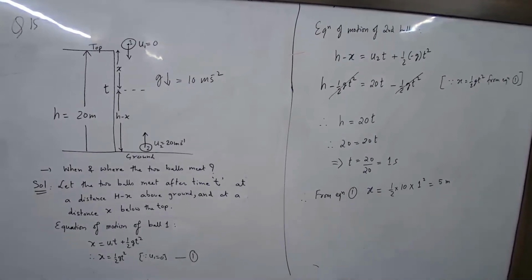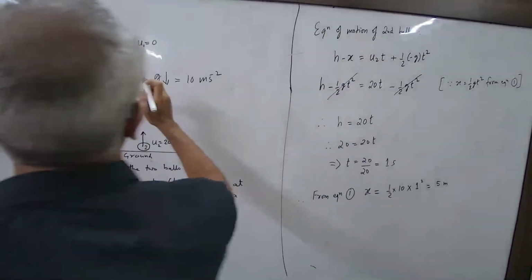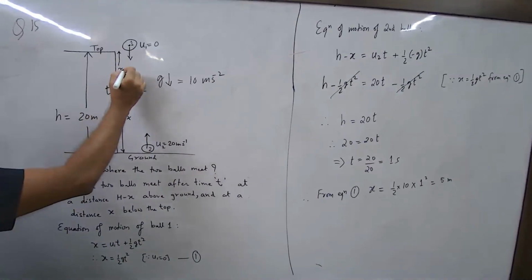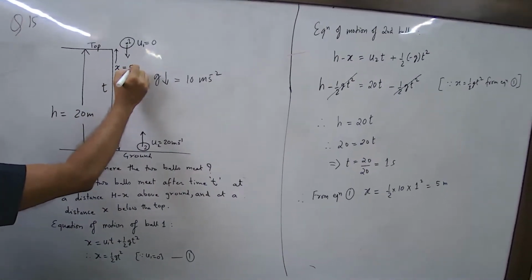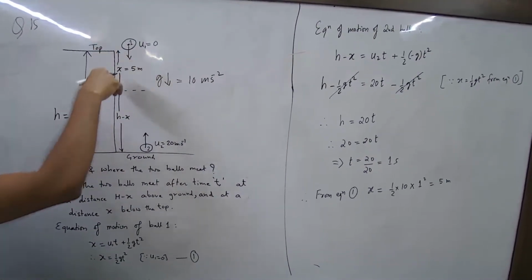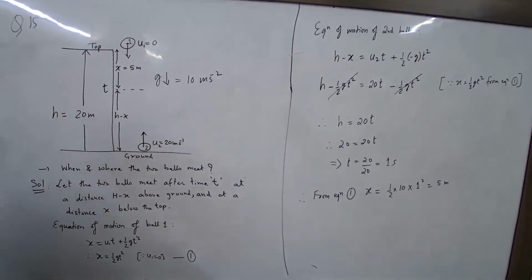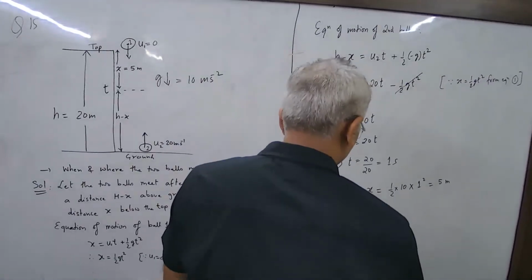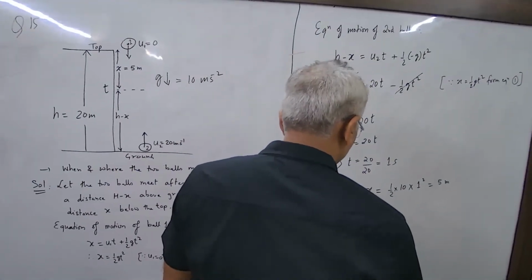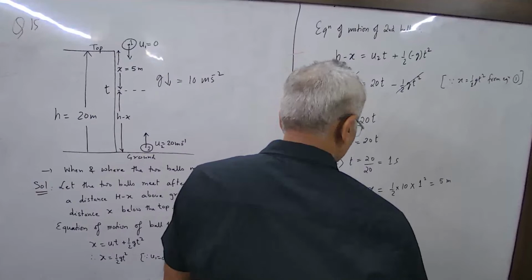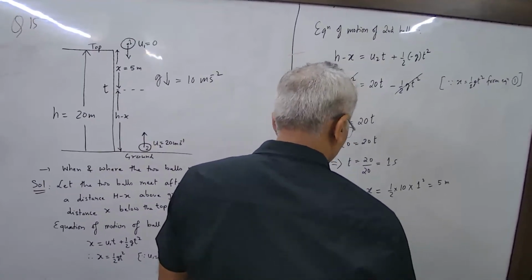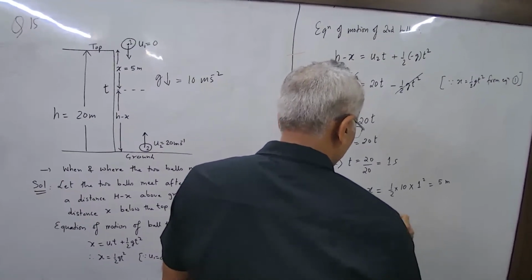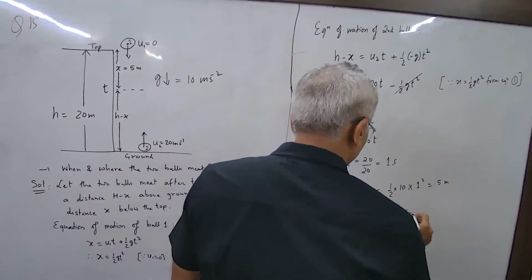Okay. So that means the balls will meet 5 meter below the top of the building, or 20 minus 5, that is 15 meter above the ground. That is H minus X, which is equal to 20 minus 5, which is 15.